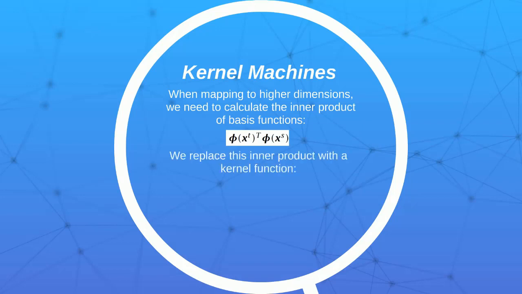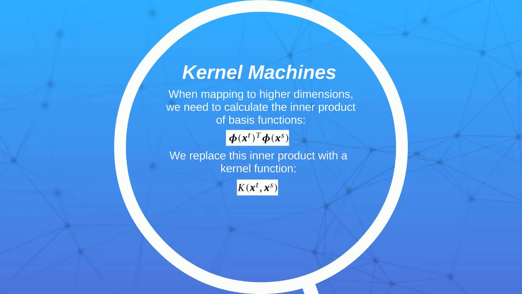What we do is we actually use what's called the kernel trick, and we replace this inner product with a kernel function of this form, where the kernel function is going to be between instances in the original input space. So instead of mapping two instances, in this case x of t and x of s, to the new space and doing a dot product there, we can directly apply the kernel function in the original space.